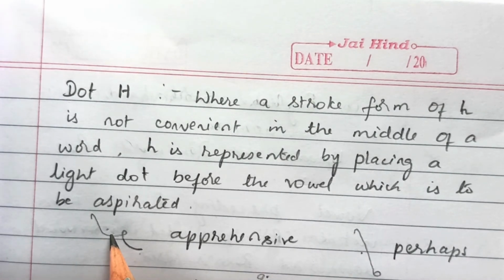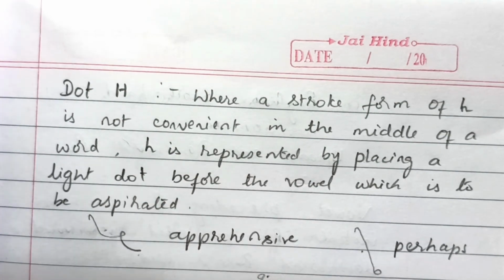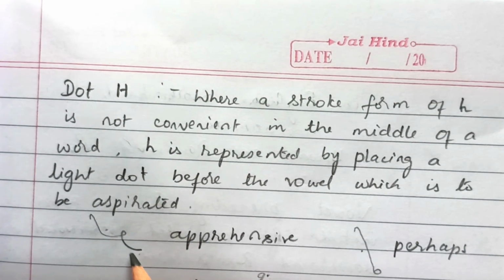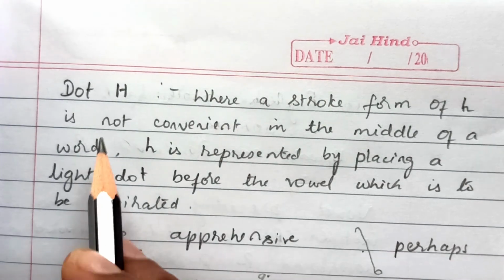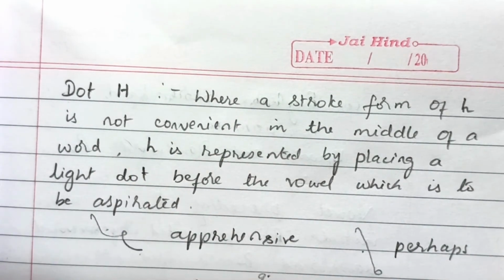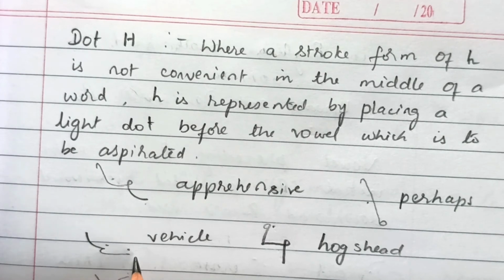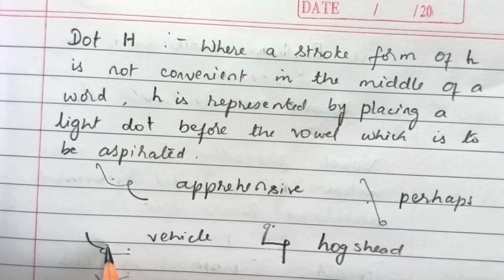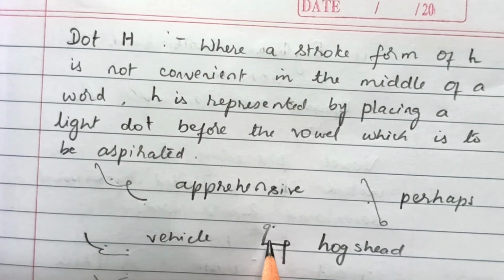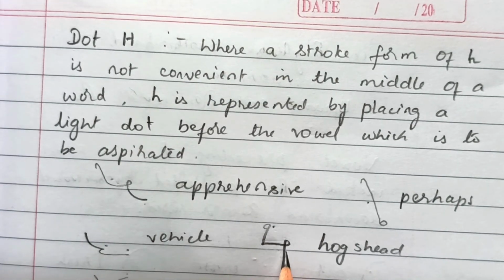So this H can be in breath in. So apprehensive. Perhaps. So with a dot, we can mention the sound of H. Again, vehicle, which we are representing with the light dot. So here we have a dot for the sound of H. Orchid.